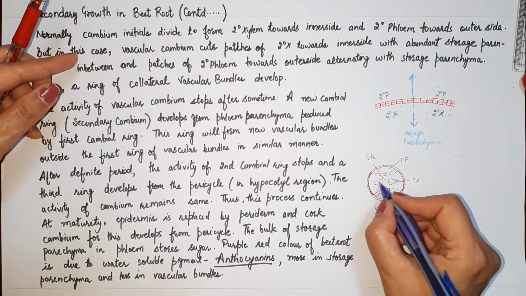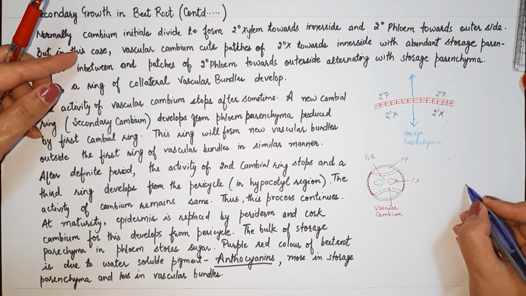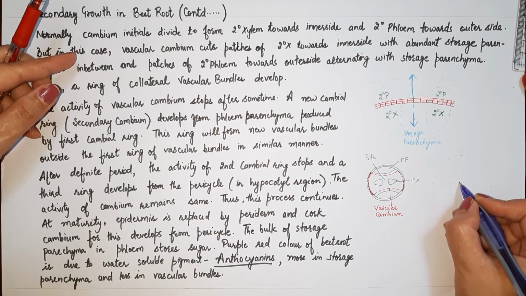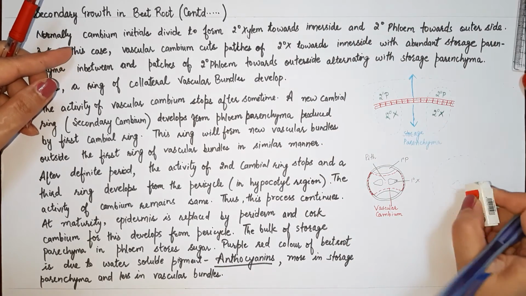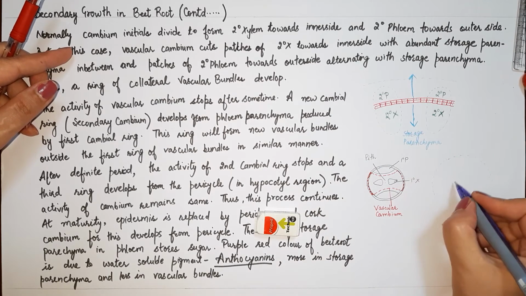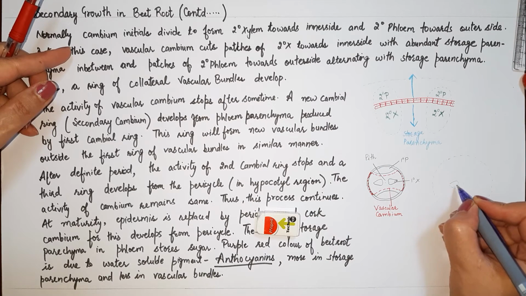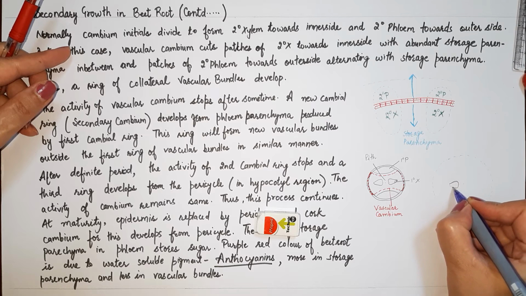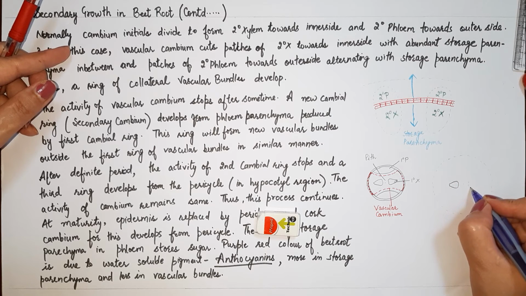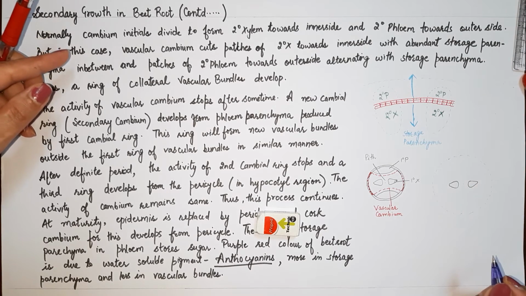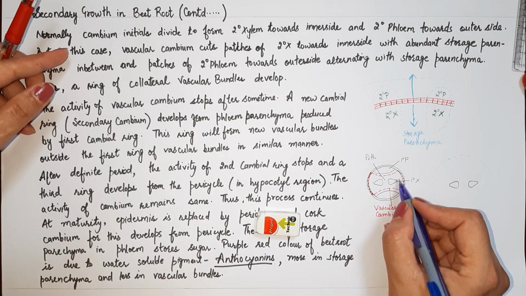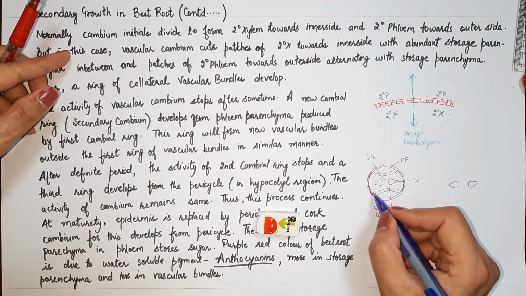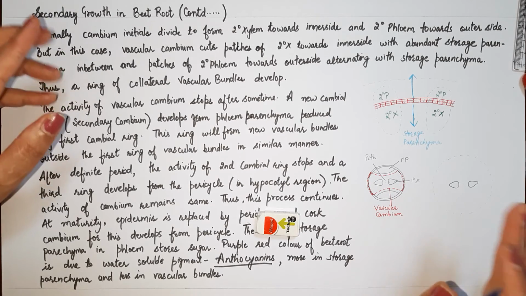In this, the primary xylem will remain as such, mark the center, and its size also should remain the same. This is primary xylem, and around it, because of the more development of secondary xylem, this vascular cambium ring, which is wavy earlier, becomes circular.